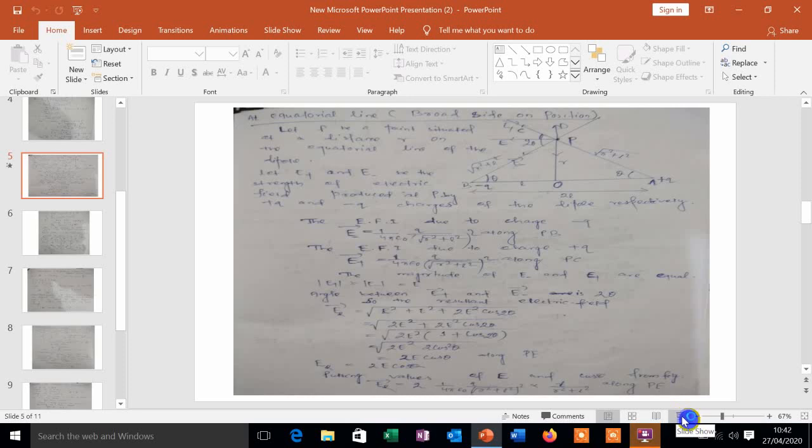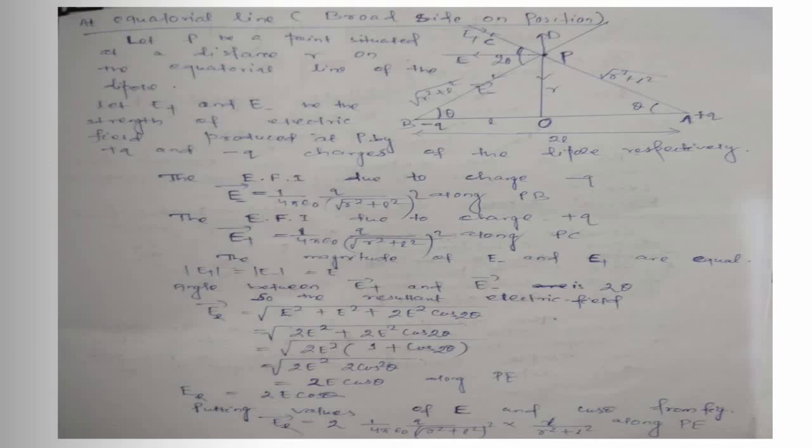In my previous class, I have already discussed the electric field intensity due to a dipole at axial line. Today, we will discuss the electric field intensity due to a dipole at equatorial line, which is also known as broadside-on position.